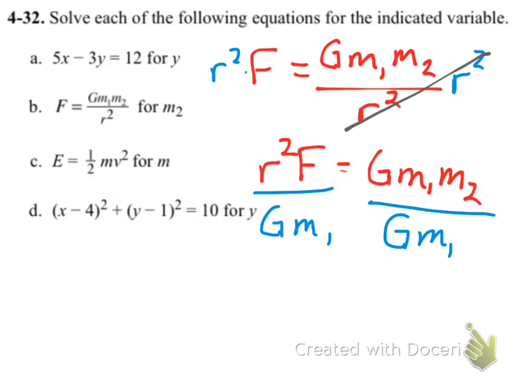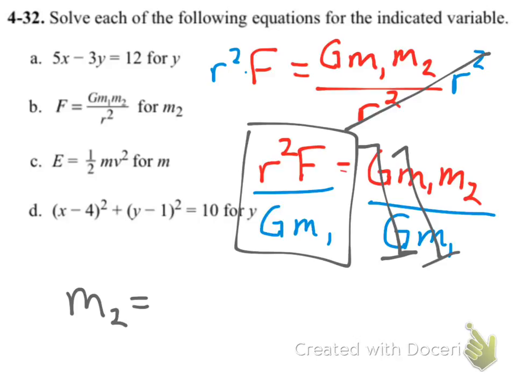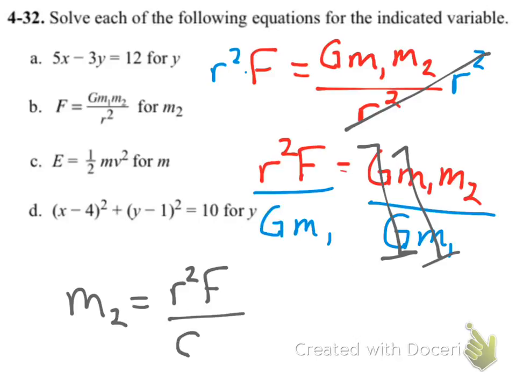You could do this in one step like I'm doing it now, or you could divide in two different steps of dividing just the g's first and then just the m1s. But when I divide that, g over g makes a giant 1, m1 over m1 makes a giant 1. So now all I'm left with is m sub 2. So my answer here then is m sub 2 equals this, R squared times F over G m sub 1.